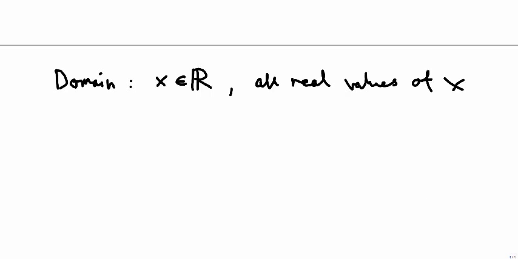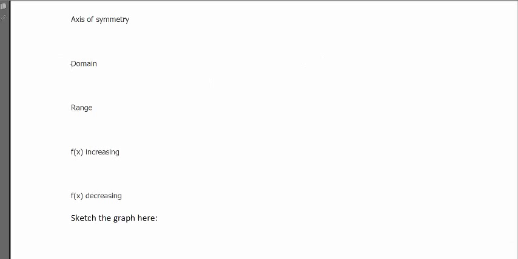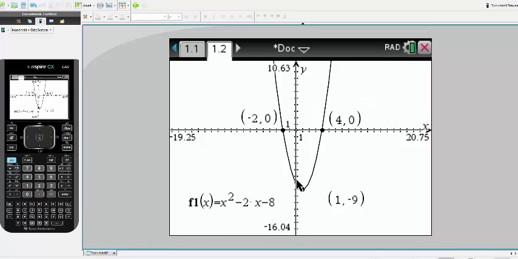And the second question here about the possible values, they want to know the range. So the range is all possible y values. So if we look at the graph, now we have to have all this information, especially the turning point, because we know that the function is continuing up here to the right, and if we go to the left, also going up.